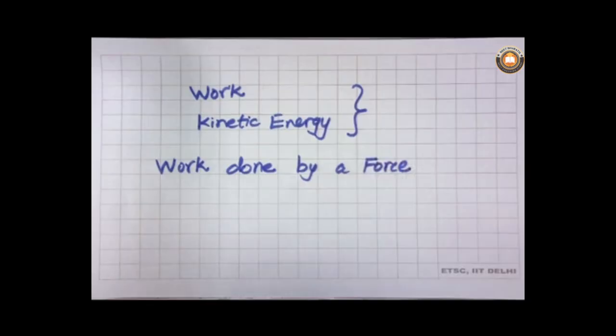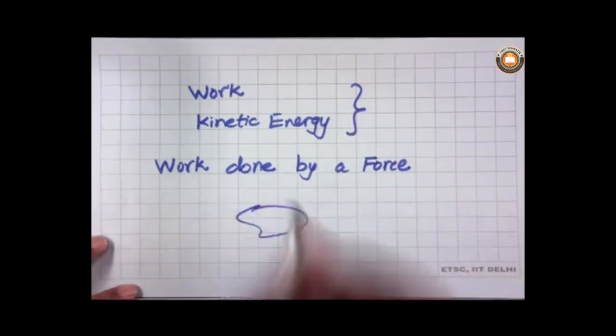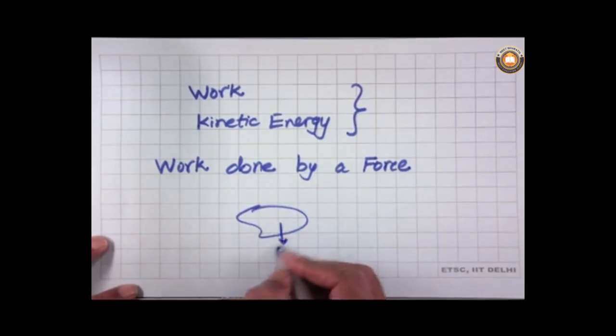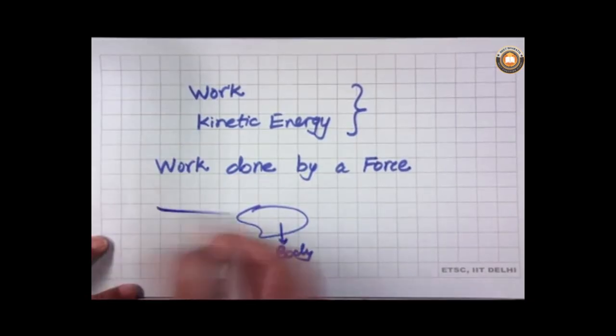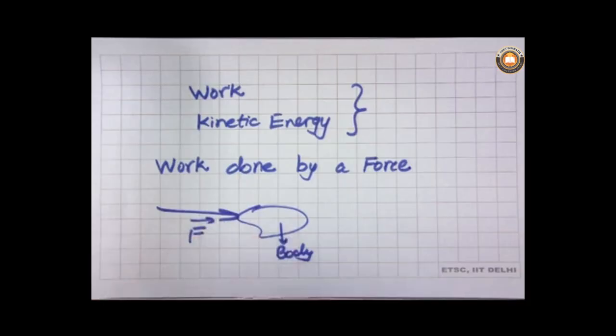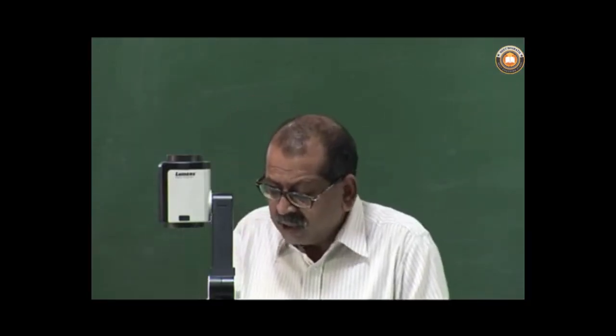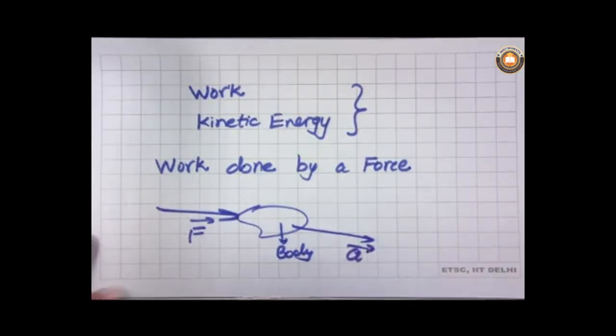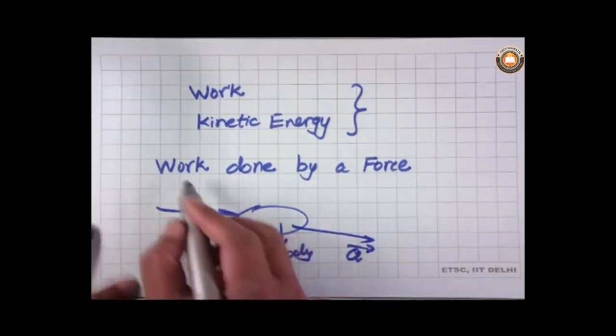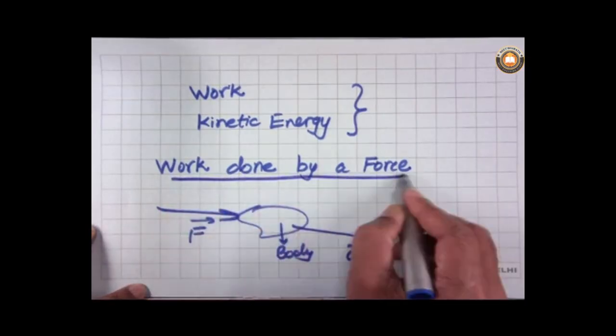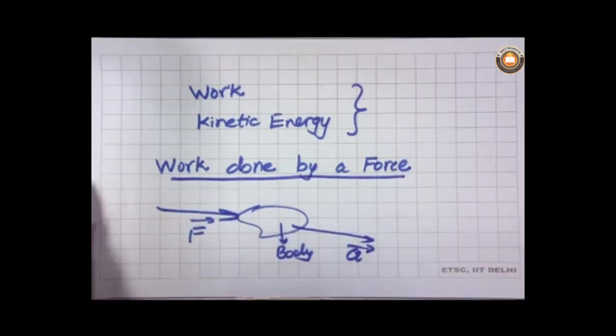So, we have a particle or a body on which a force acts, and in general, if this is the only force acting on this body, then the body will start to move with an acceleration a in the direction of the force. Of course, more than one force could be acting on a body. Now, let us define the term work done by a force.